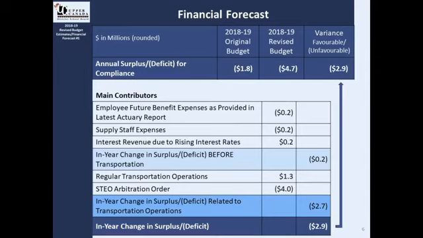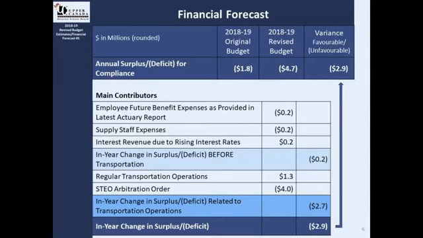Now, the fourth line subtotals those one to three items, resulting in a $200,000 increase in budget. And that's what I mentioned at the opening of the presentation. It would be nice if we were just talking about that. Now, lines 5 and 6 represent the change in deficit related to the transportation operations. Line 5 represents regular transportation operations.